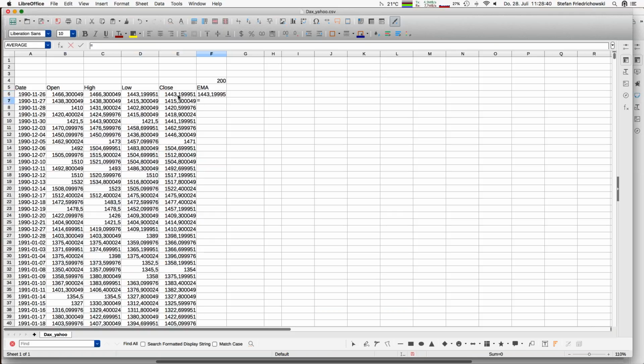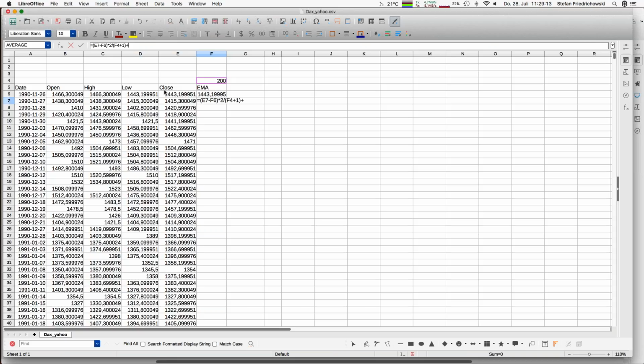And the second value can now be calculated exactly according to that formula, and that formula tells us we have to calculate the difference between the close value and the previous EMA value, which is this one here. And this has to be multiplied by 2 and divided by the EMA period plus 1.